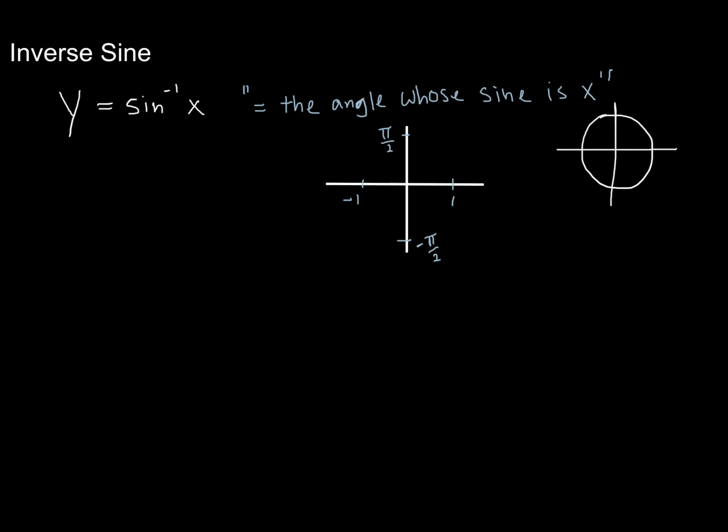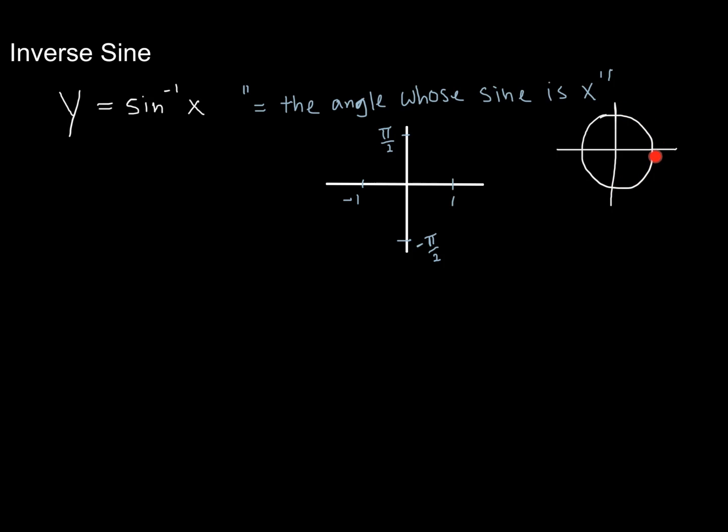First consider the unit circle. For the inverse sine, the inputs are going to be all the possible values that sine could have, all the possible y-coordinates that you could have on your unit circle. You don't actually have to look at the whole unit circle. All of the possible y-coordinates show up if you just go from negative pi over 2 around to positive pi over 2.